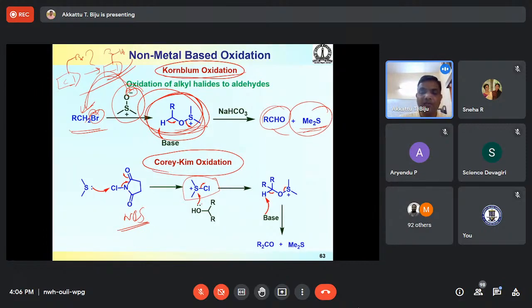So a secondary alcohol can add, and following the same sequence of steps under basic conditions, the secondary alcohol can be converted into a ketone, and we regenerate the dimethyl sulfide. So instead of dimethyl sulfoxide, the Corey-Kim oxidation utilizes dimethyl sulfide as the reagent for doing oxidation reactions.